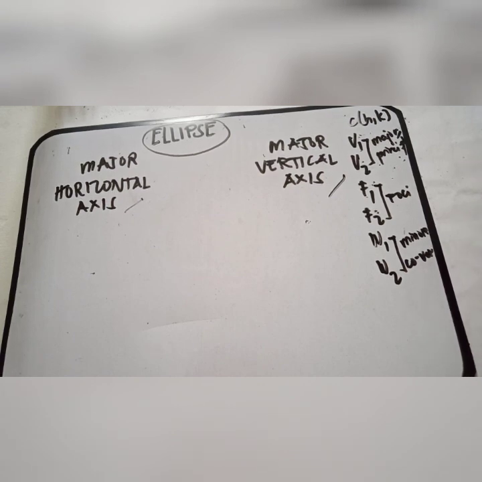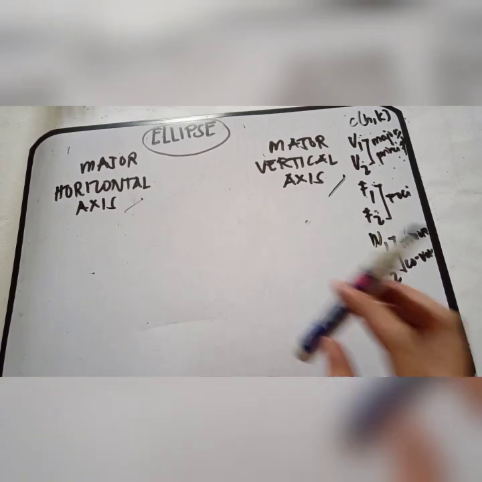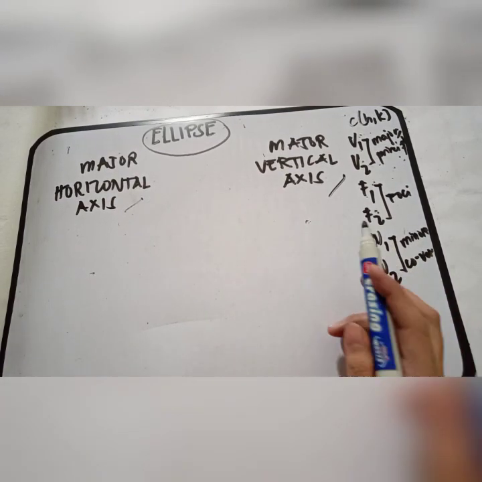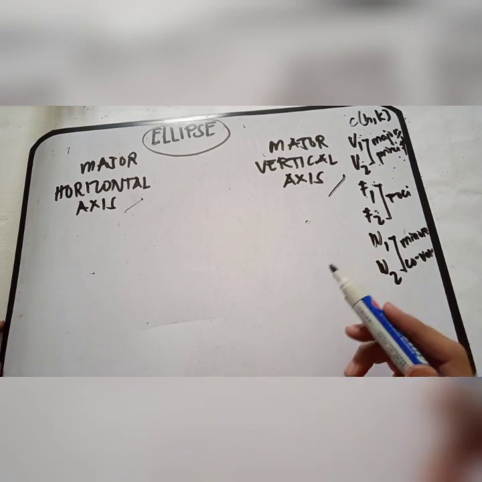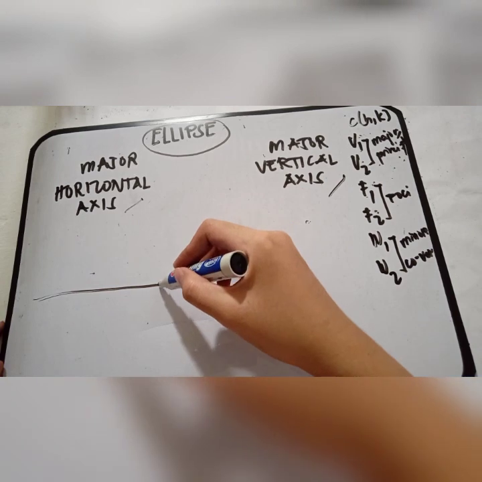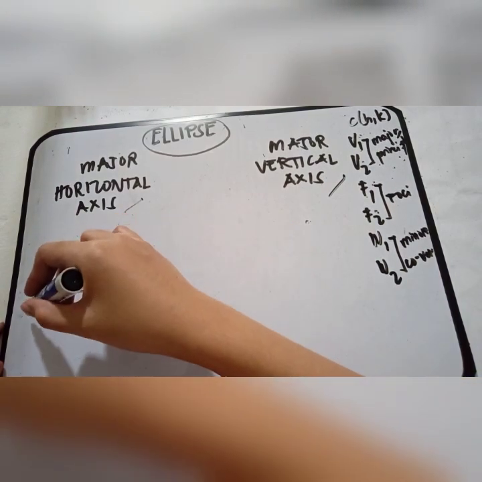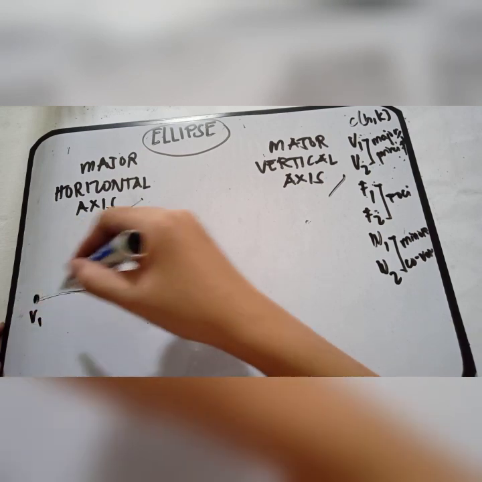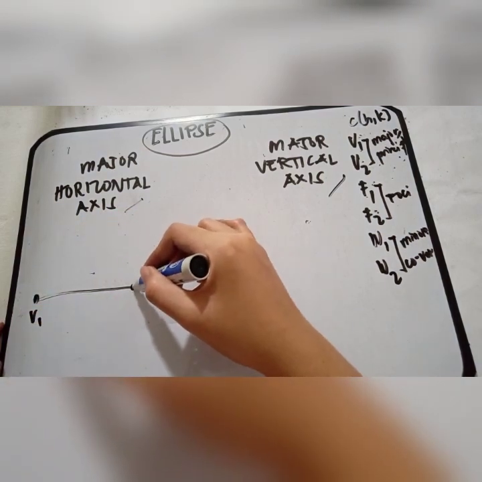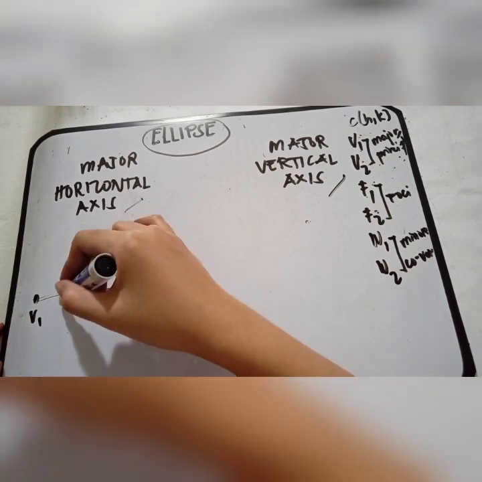So when do we know that it is a major horizontal axis or major vertical axis? So you will know if your vertex and your focus lies on the x-axis. For example, this is your V1, this is your V2, and then this is your focus 2, and then your focus 1.